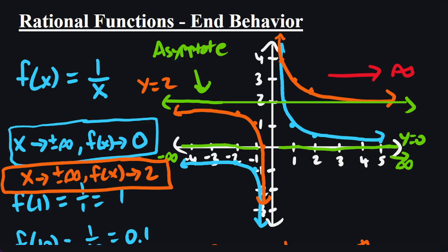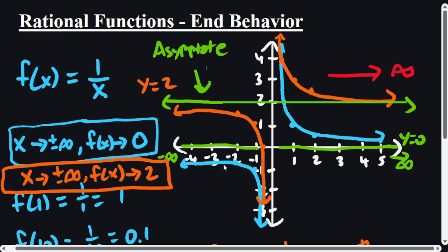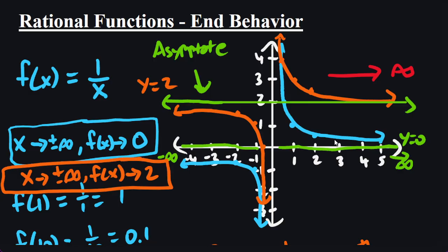We'll go into more detail about what asymptotes are in the next video, but basically they are lines where the function will approach that line, but it will never actually cross or reach that line. More specifically, these are both horizontal asymptotes. In the next video, we'll go over horizontal and vertical asymptotes for different types of rational functions, and we'll see how exactly they're shown on graphs.